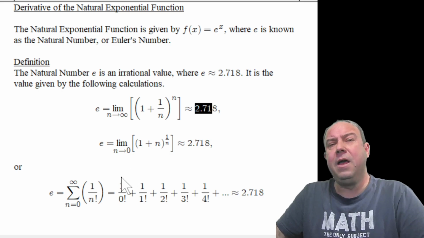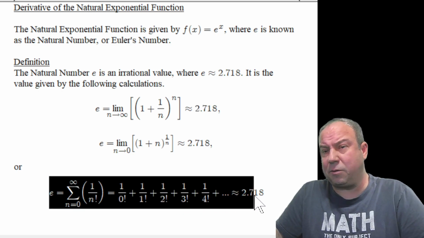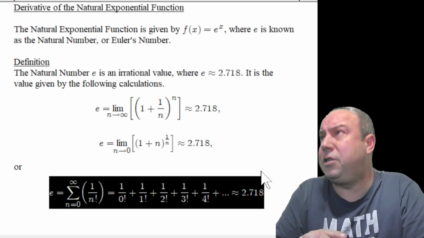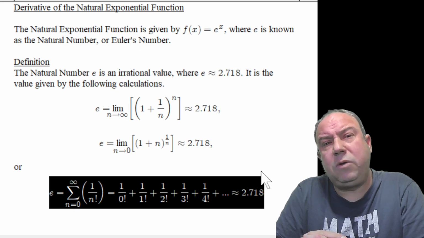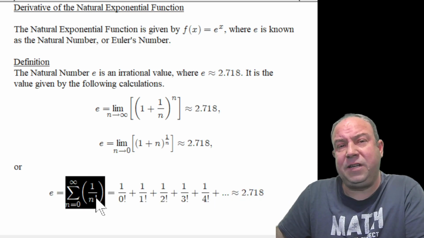Or if we go on to study Taylor series or infinite series, a topic that we're going to see in Calc 2, what we will see is e defined as what we would call this infinite summation.